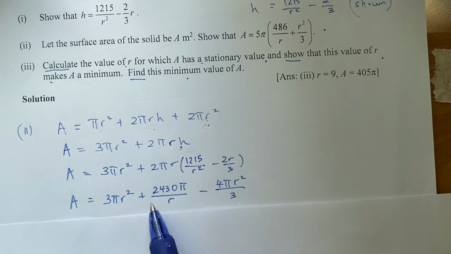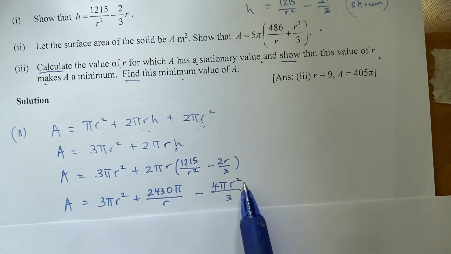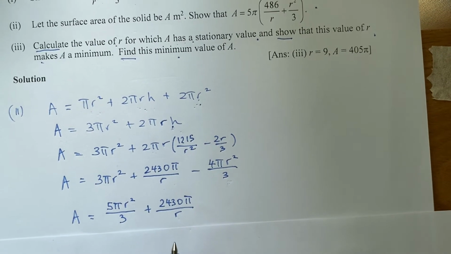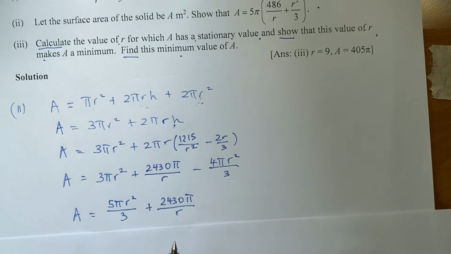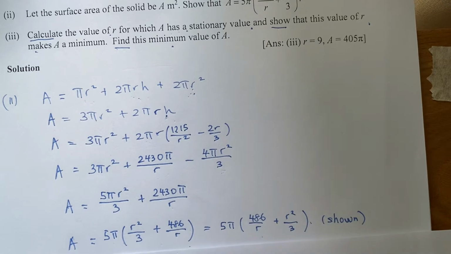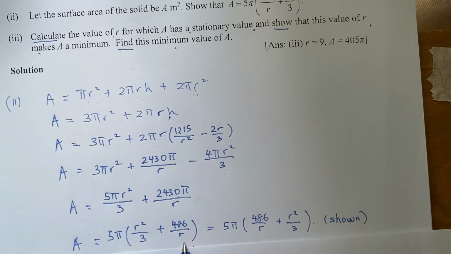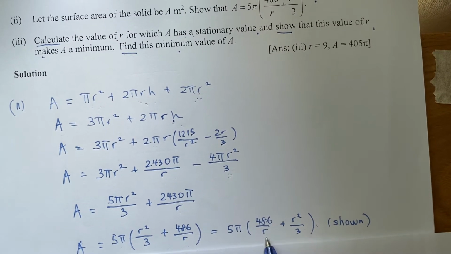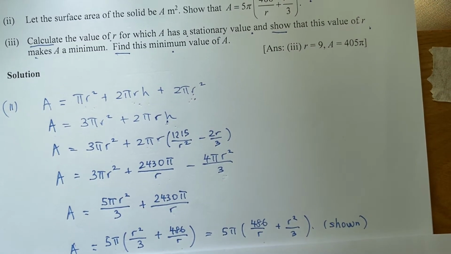And we realize that the first and the third term are like terms. We can simplify further to get this. We can actually factorize 5 pi, and we're going to get this. And we rearrange this term like that. And hence we show A.